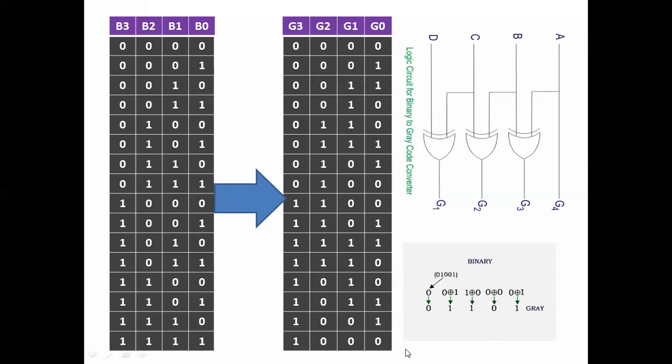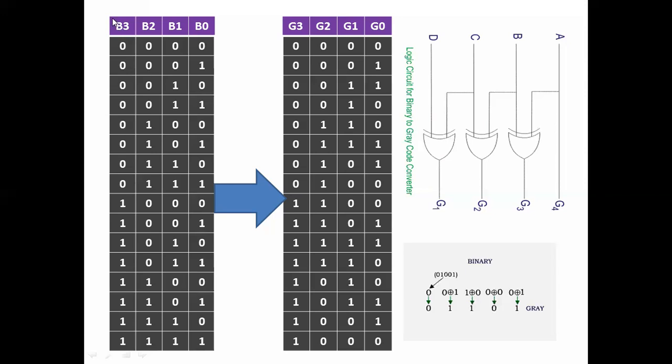So according to this formula, rule, or step, here the 4-bit binary numbers are taken, and then its equivalent gray code is also given in this tabulation. In your examination, the question may be like this: design a suitable code converter for the given binary into gray. For that, what do you have to do?